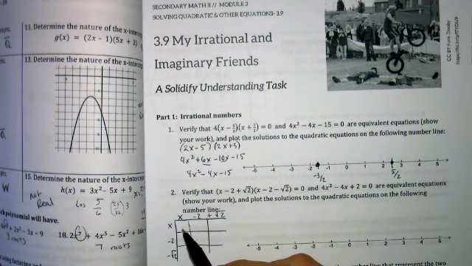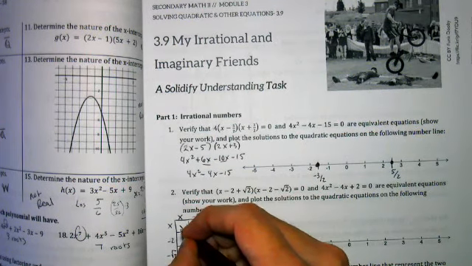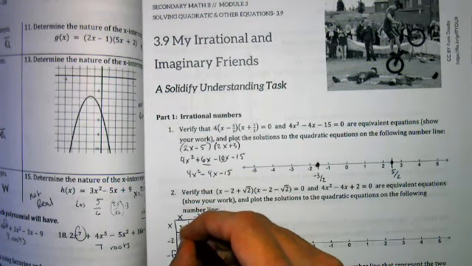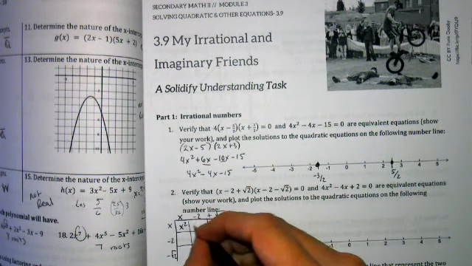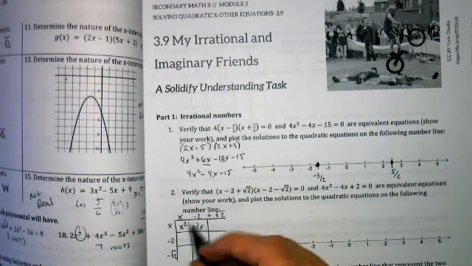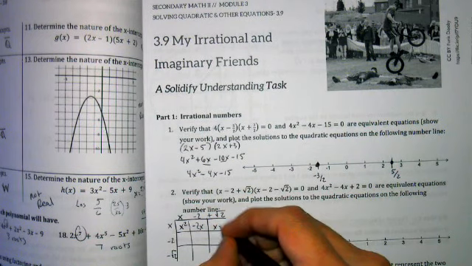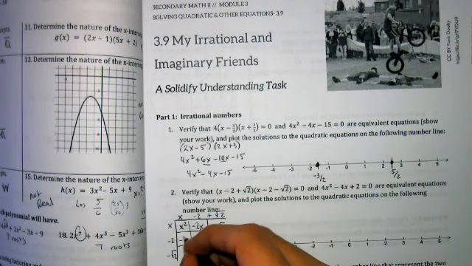For each box, I'm going to multiply the top of the column and the left of the row. So here we get x squared. Then we get x times negative 2, that's negative 2x. Here we have x times the square root of 2. This is negative 2x.